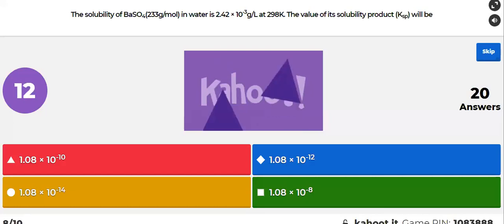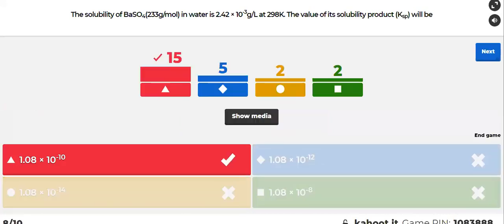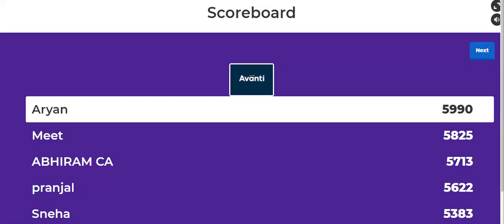Okay, Samarth. Okay, very good. Second last problem, everyone.